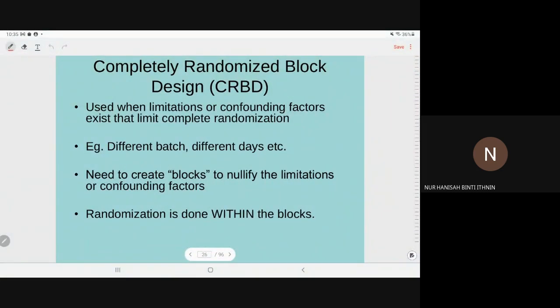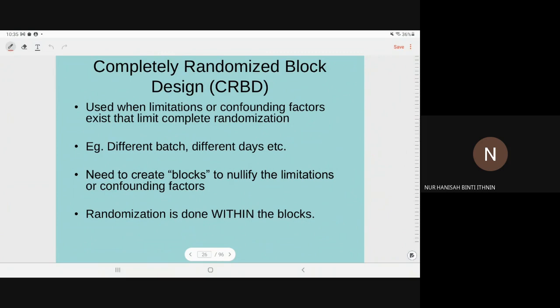So we use it when limitations or confounding factors exist that limit complete randomization, such as different batches, different days, etc. So we need to create blocks to nullify the limitations or confounding factors.